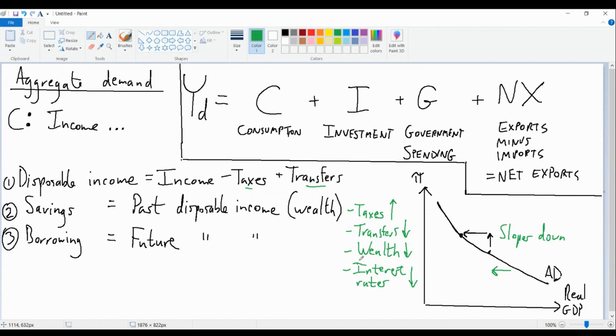So the way the textbook phrases that is that one of the factors behind our ability to borrow is what he calls financing frictions.